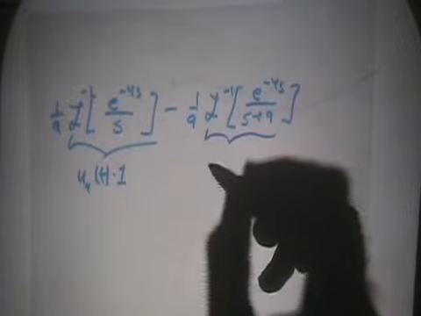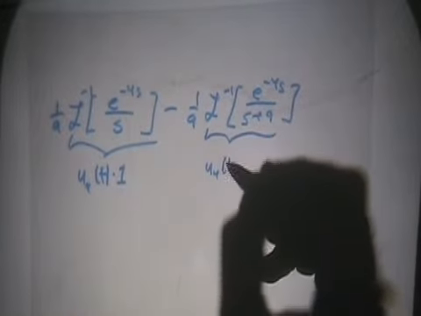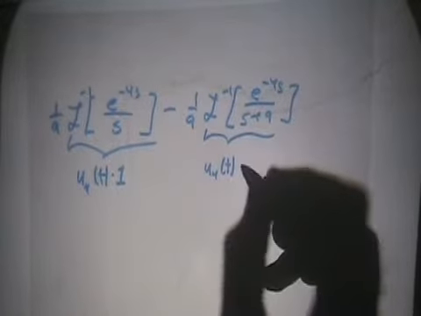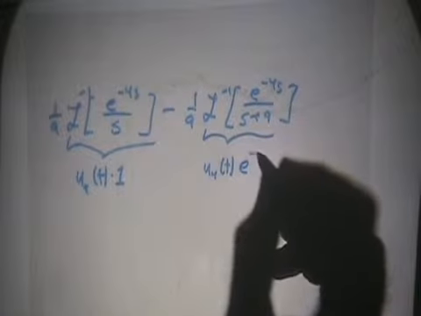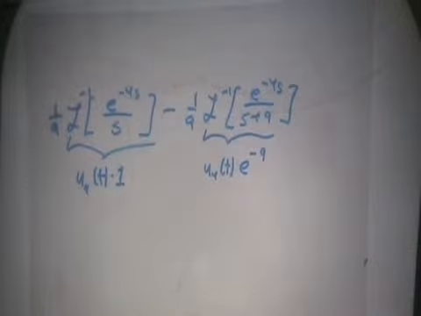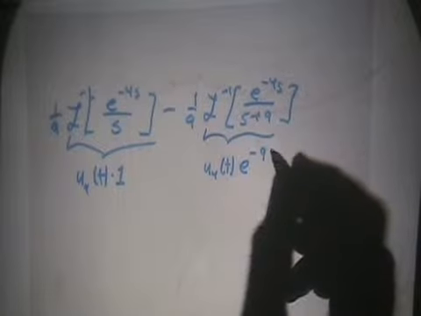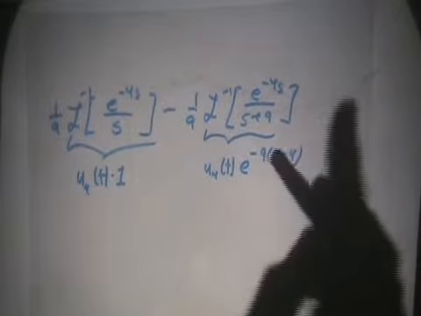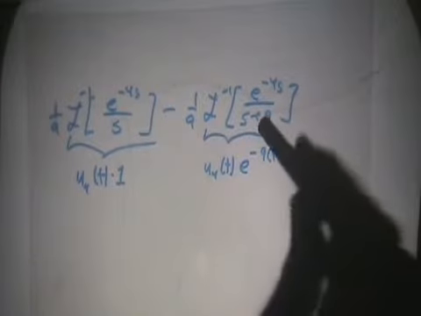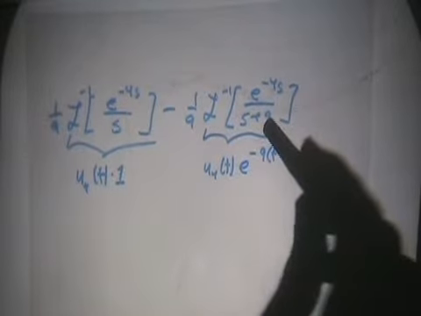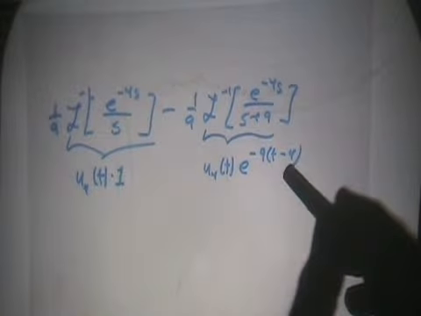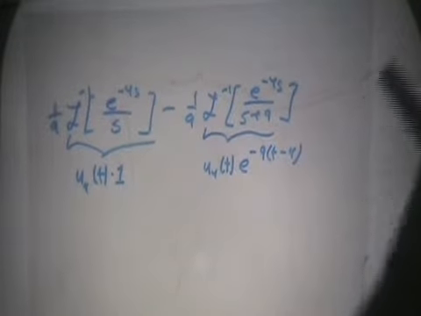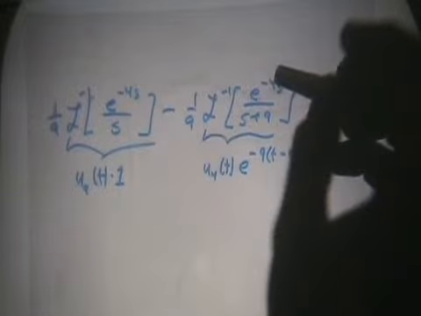And this thing becomes u sub 4 of t times e to the negative 9 times t minus 4. The negative 9 comes from the fact that we have a plus 9 down here. And the t minus 4 comes from the fact that we have a negative 4 up there.